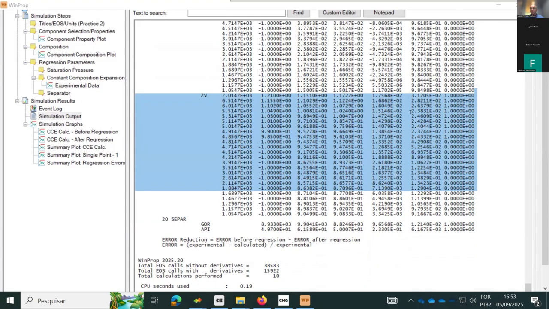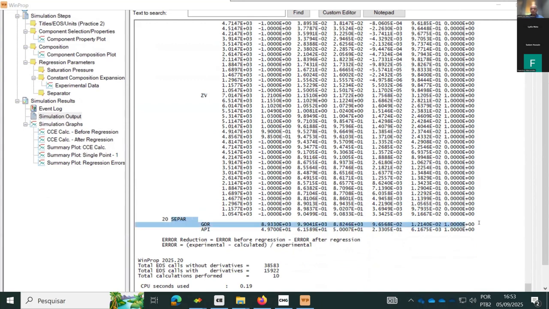Most of the values are lower than 3%. So I think we can go ahead and consider this matched. The separator data is very good. Okay, the GOR is around 1% of error, and the API is lower than 1%. I think we are done for this gas.